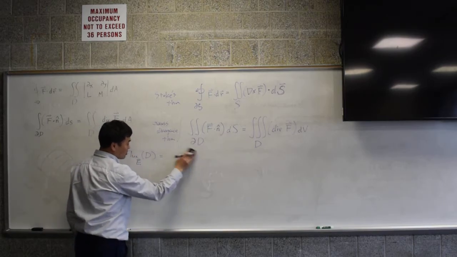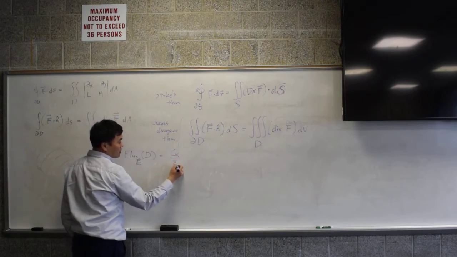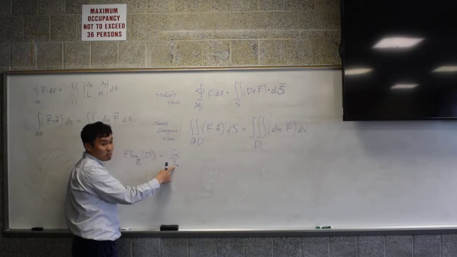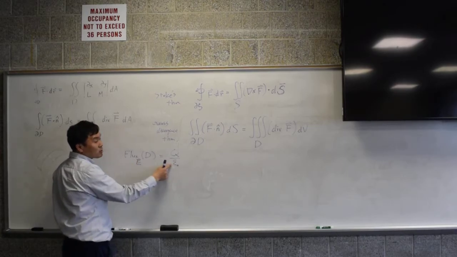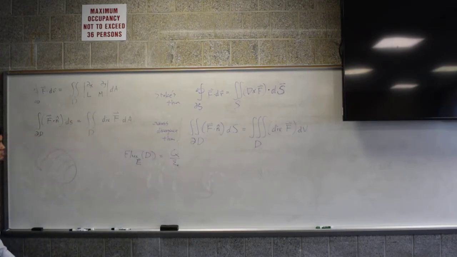Actually, this is charge enclosed over epsilon naught, the permittivity of the vacuum. So that's what you learned in physics 2. Now, if you write this in an integral form, this is how you calculate the flux.